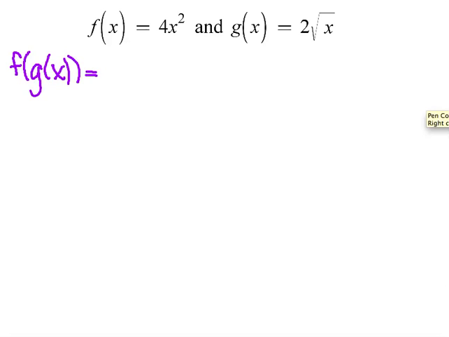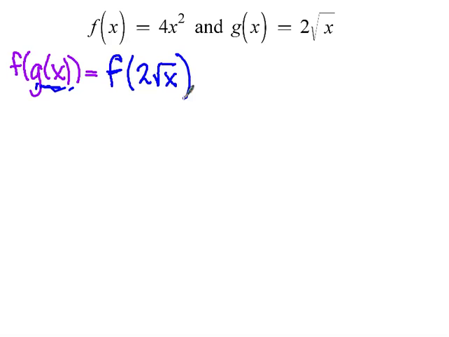Now I'm going to substitute in g of x, which is what? 2 root x. So I've really got f of 2 root x.